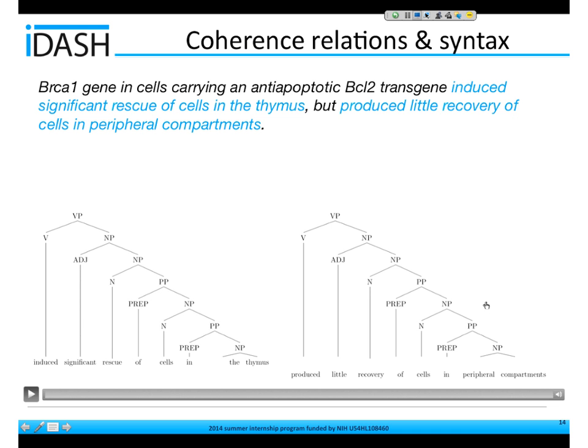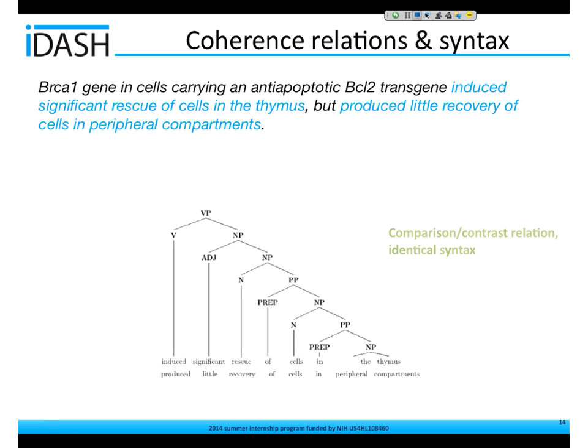If we look at these parse trees a little more closely, we'll see that they are identical. So in this case, we have identical syntax in the context of a comparison or contrasting semantic relationship. This is an argument for syntactic structure providing some kind of useful cues to the overall semantic relationships.